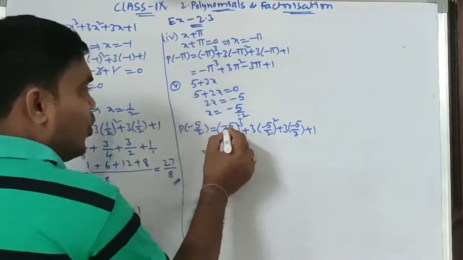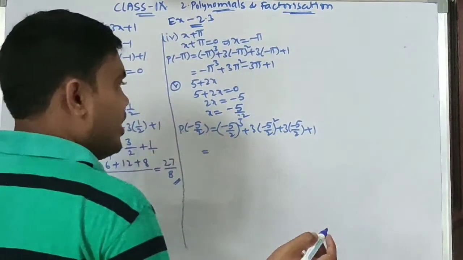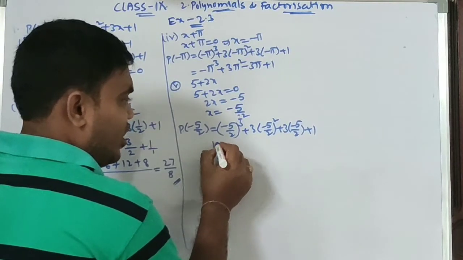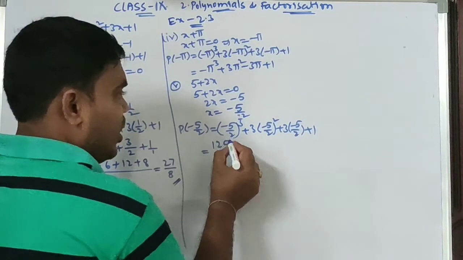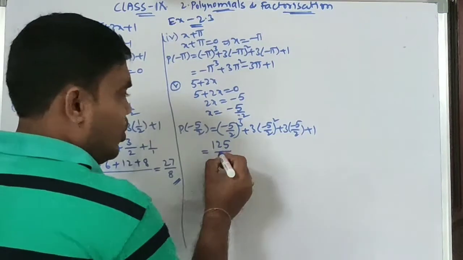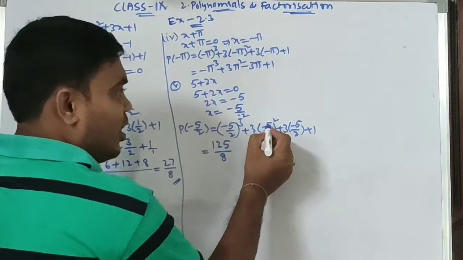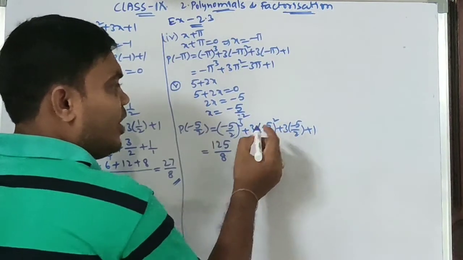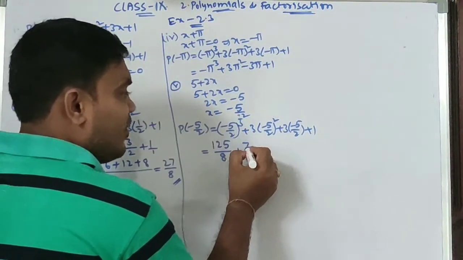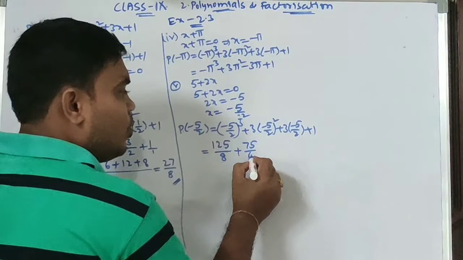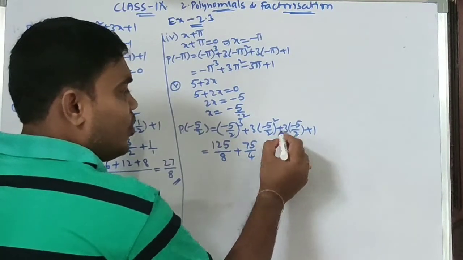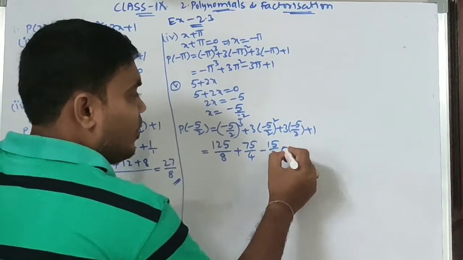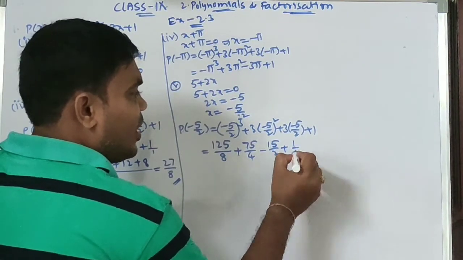So cube of minus is minus, 5 cube is 5 into 5 into 5, 25 into 5 is 125, by 2 cube, 2 into 2 is 4, into 2 is 8. Then 5 into 5 is 25, into 3 is 75 by 2 into 2, 4, plus 3 into minus 5, that is minus 15 by 2, plus 1. Denominator I am writing 1.